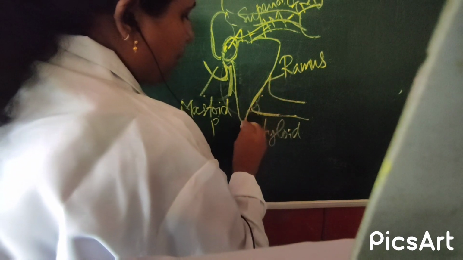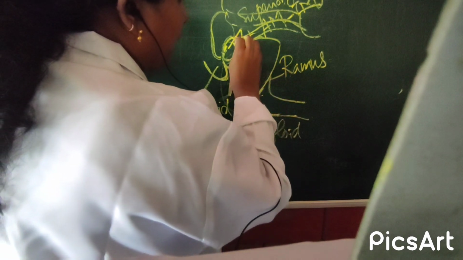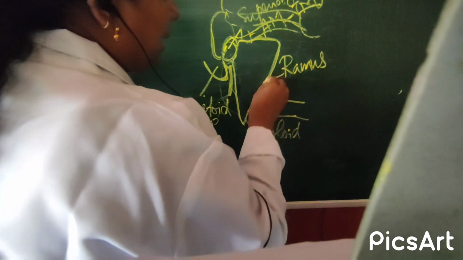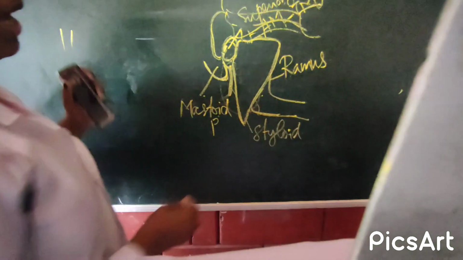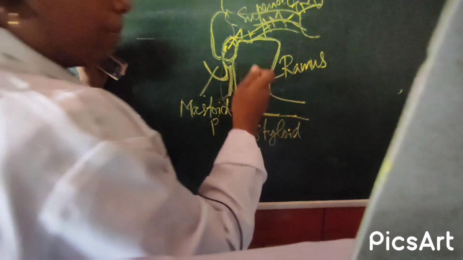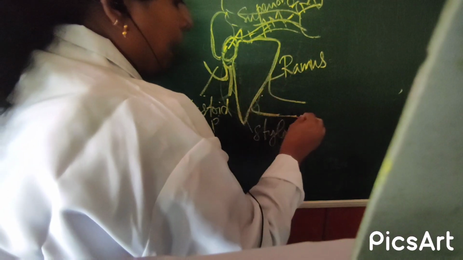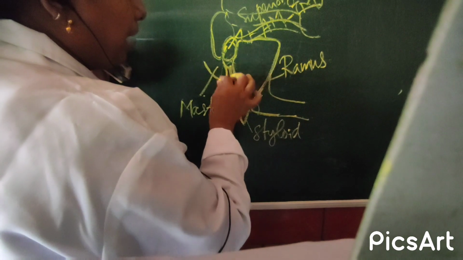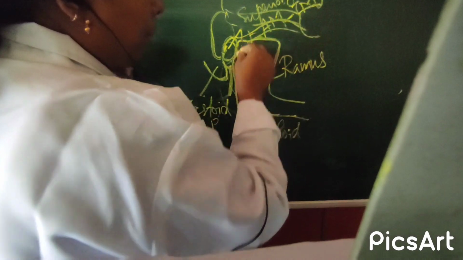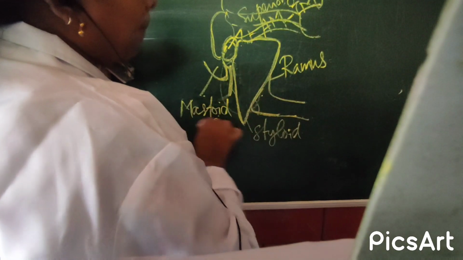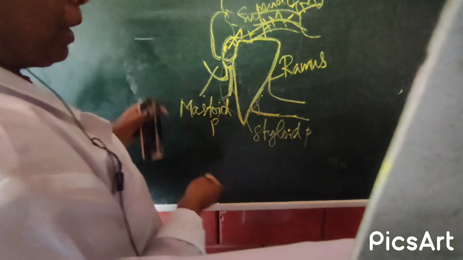So this is the position of the parotid gland. It is seen at the retromandibular fossa, which is bounded anteriorly by the ramus of mandible, posteriorly by the mastoid process, superiorly by the external acoustic meatus and posterior part of the temporomandibular joint, and medially by the styloid process.